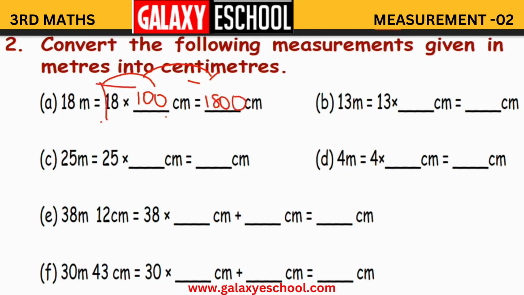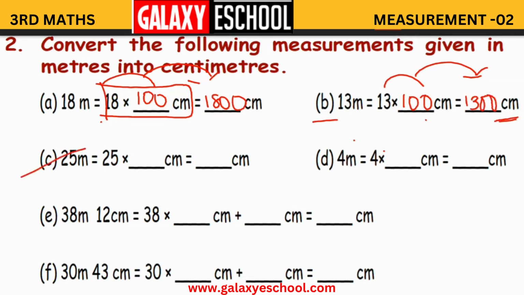Now this step is new here. Normally in fill in the blanks we did not get this step, but here we are having it. Coming to question B, 13 meters is equal to, again 13 to be multiplied by 100. 13 into 100 is 1300 centimeters. Now C and D are similar and I hope you can do this.